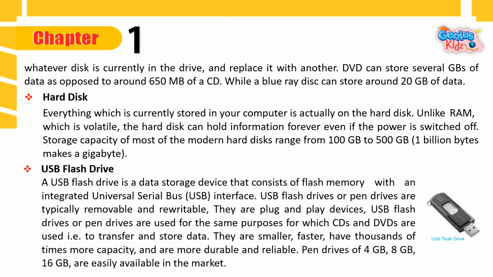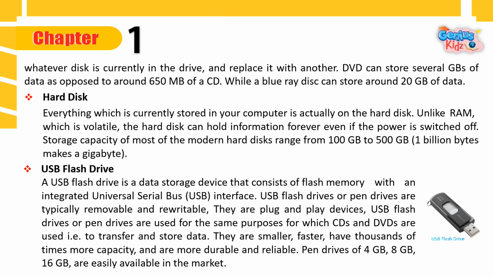USB flash drive. A USB flash drive is a data storage device that consists of flash memory with an integrated universal serial bus (USB) interface. USB flash drives or pen drives are typically removable and rewritable. They are plug-and-play devices.